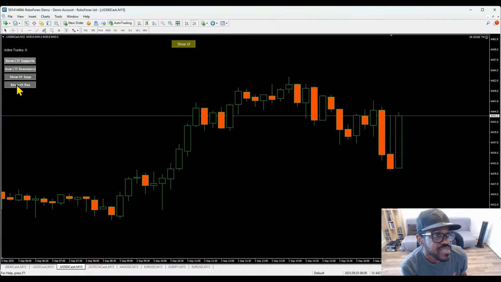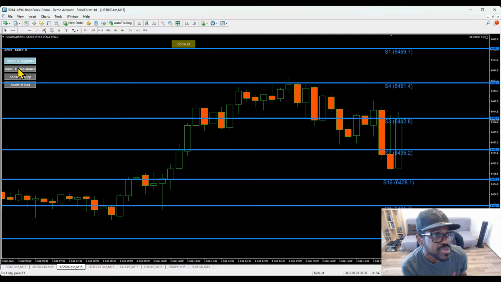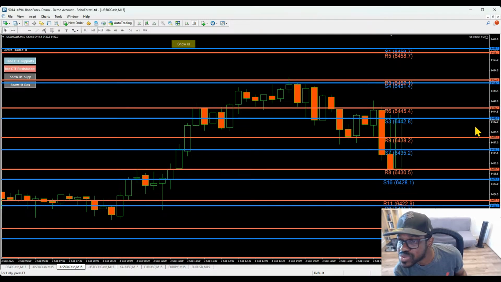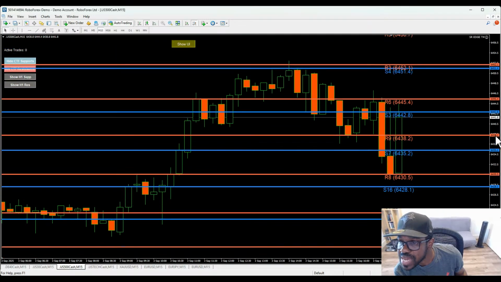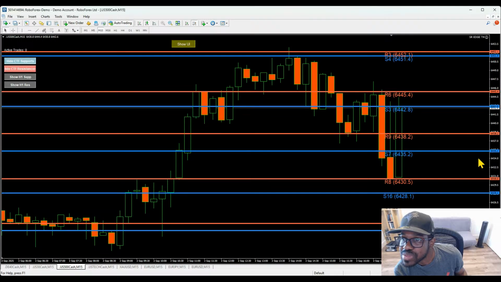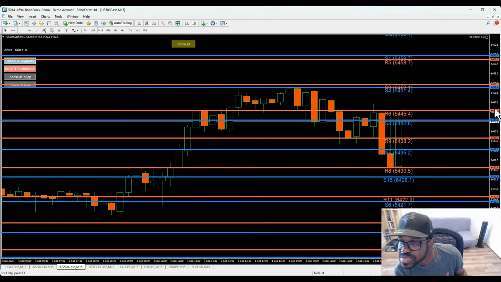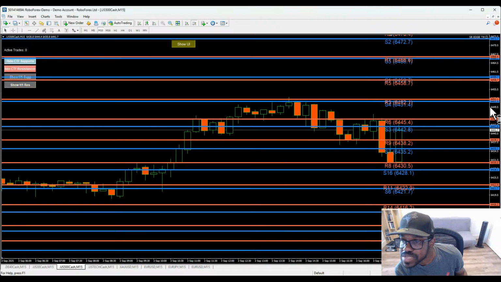Let's look at the 15 and see exactly if we had some support and resistance that was pretty close. Yes, we had. So the current time frame support and resistance did have a bounce here off of those levels here. So we may have some bullish momentum here on the upside for SSP 500.